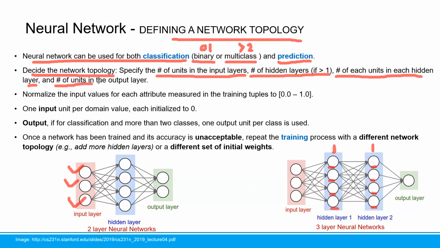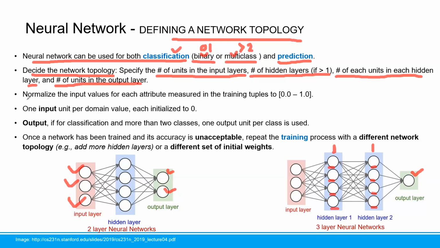And also the number of units in the output layer. How many units in this layer? Whether you have 1 or more than 1 depends on the goal. If it is classification and binary, then you can have only 1. But if it is multi-class, then there will be more than 1.